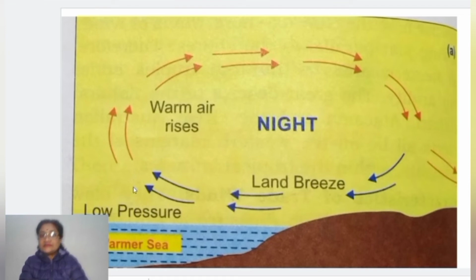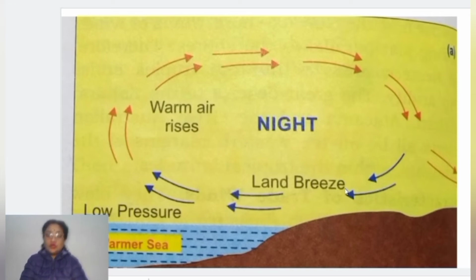If over the land area the temperature is low, the pressure goes a little higher. Same way, over the ocean or the sea the temperature is a little higher, so the pressure is going to be low.